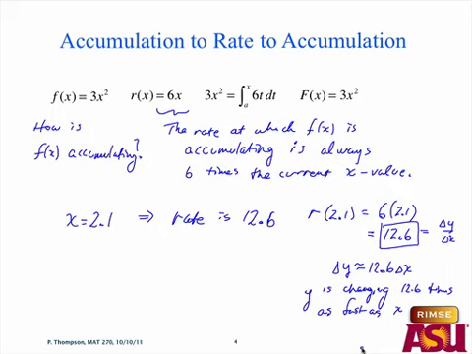So in a very small vicinity around 2.1, this is true: y, the accumulation, is growing 12.6 times as fast as x is increasing. But as soon as we get away from 2.1, what happens to the rate? It goes up, it changes, and so this is different now. You see? So you can still apply constant rate of change, but only over a very small interval.